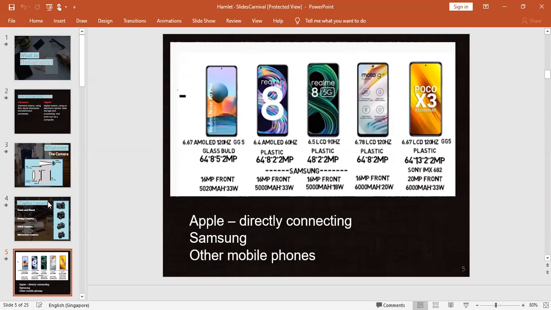It does not show the original color, so it edits, and the lens attached to Apple iPhones has the capability of editing the image, not the original one. So Apple is a quality camera, and Samsung you all know. So there are mobile phone models you can purchase, and the other mobile brands.